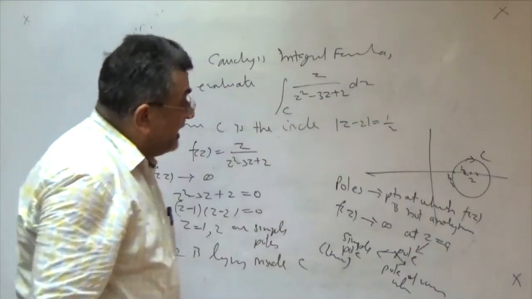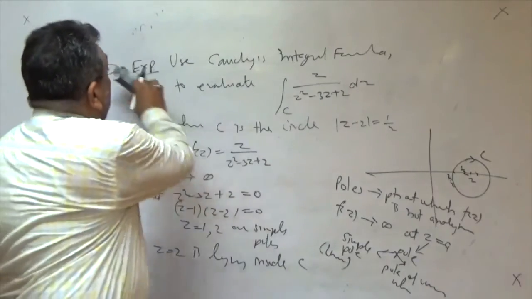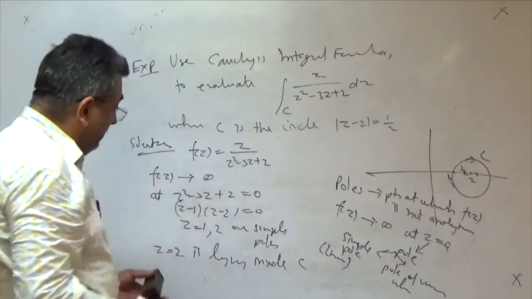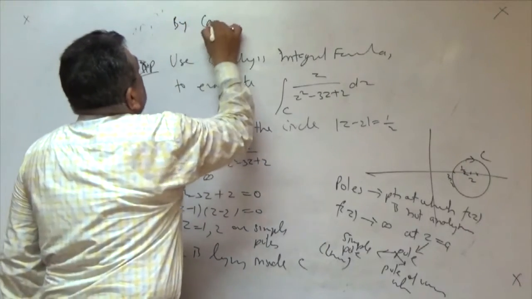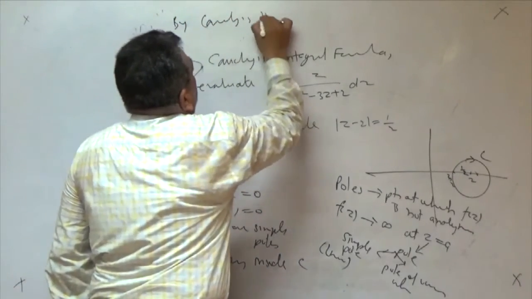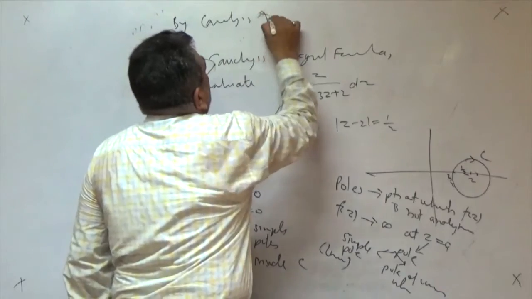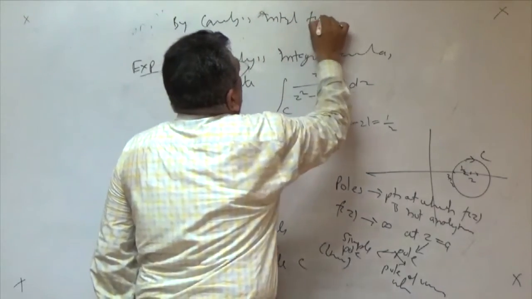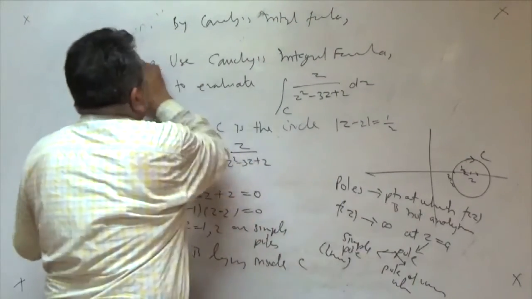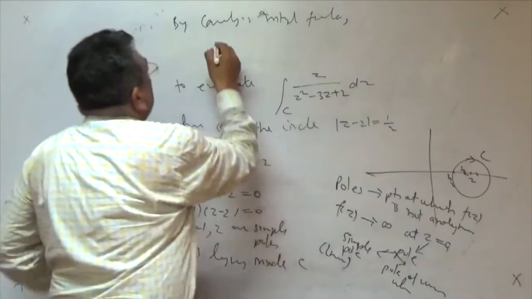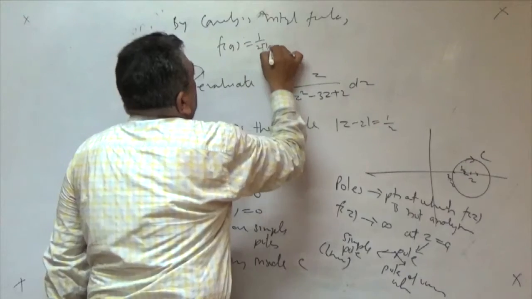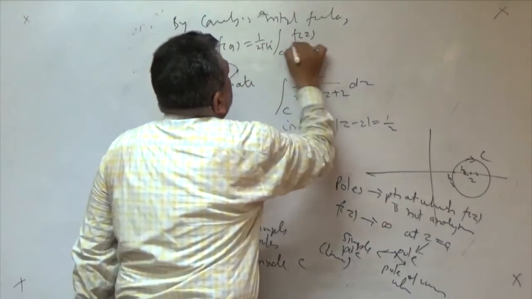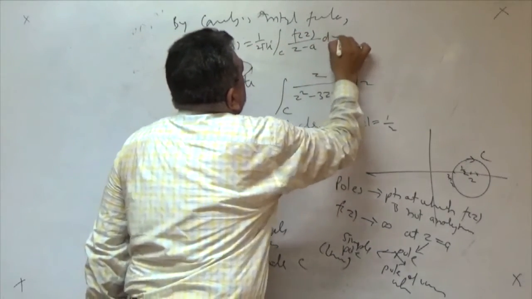And then by Cauchy's integral formula, you know that f(a) equals 1 upon 2πi integral over C of f(z) upon z minus a dz.